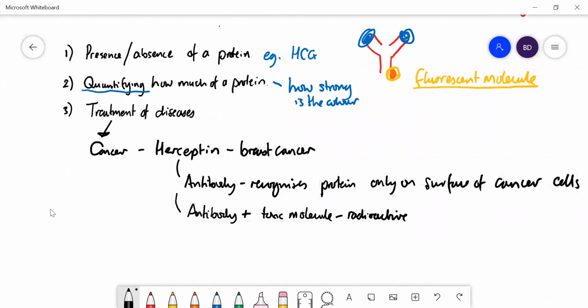Another treatment of diseases, there's one which is used for treating Crohn's disease, which you may have heard of. And Crohn's disease is when your own immune system attacks your intestines. And the way this works, you make an antibody to a molecule which stimulates your immune system.